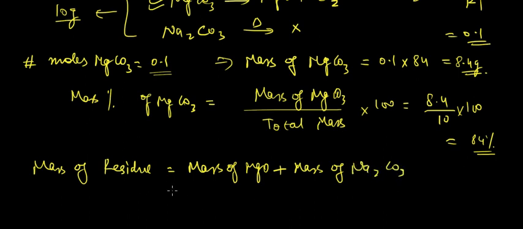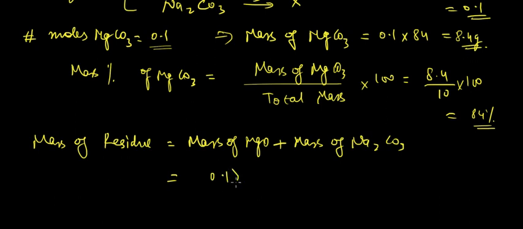What is the mass of MgO that would be produced? 0.1 moles of CO2 were produced, so 0.1 moles of MgO would also be produced. So mass of MgO would be 44 grams.